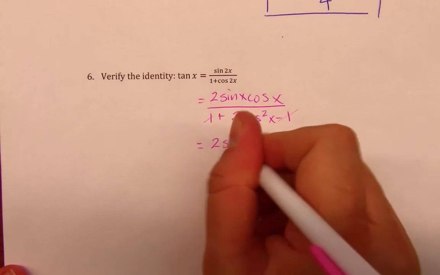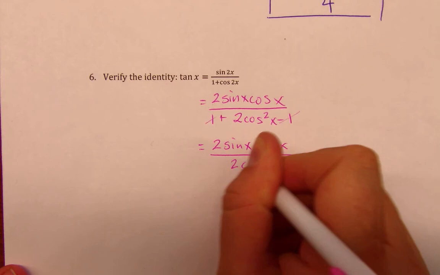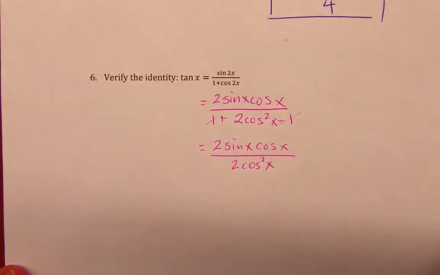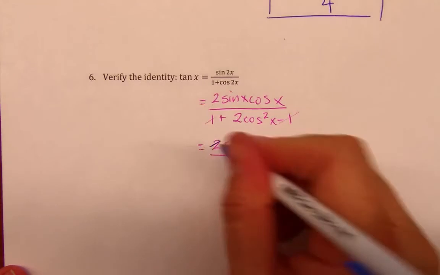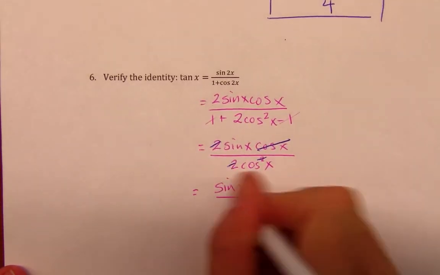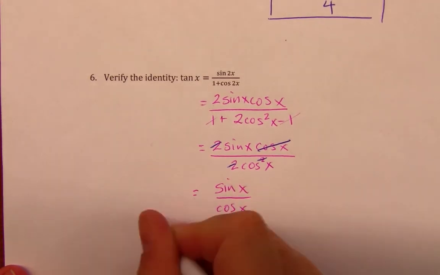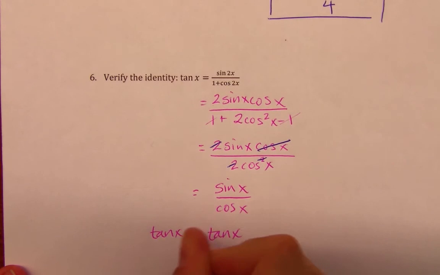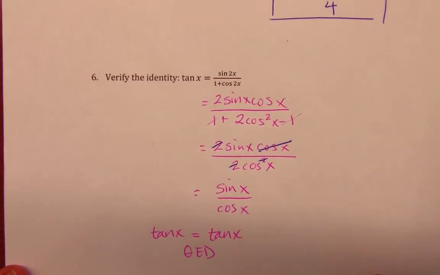And we have 2 sine x cosine x over 2 cosine squared x. And we have a cosine that can cancel and a 2 that can cancel. And we have sine x over cosine x, which is tangent. Okay, so that's the end of that example.